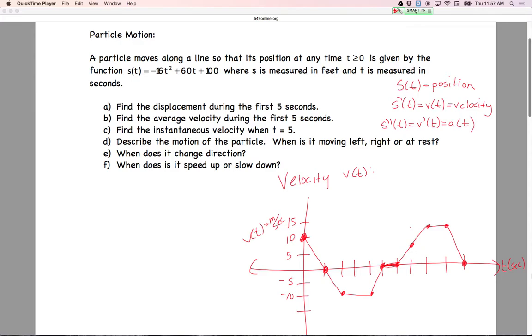But because velocity can be positive or negative, it's going to affect how we interpret acceleration. Because acceleration in 9th grade was positive or negative. When acceleration was positive in 9th grade, it sped up, and when it was negative, it slowed down. But now, because it's bidirectional, it can be moving forward or it can be moving back, it's going to affect how we interpret acceleration.